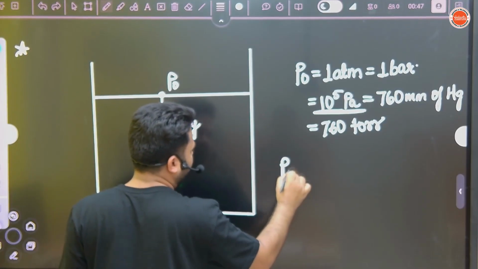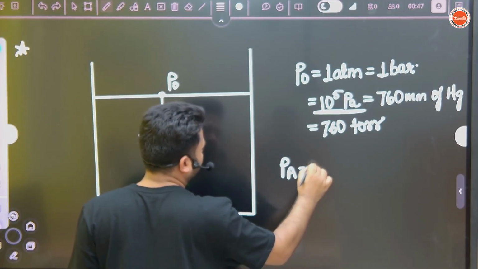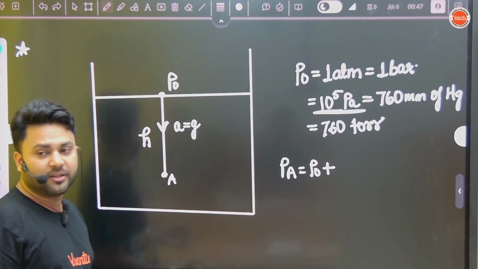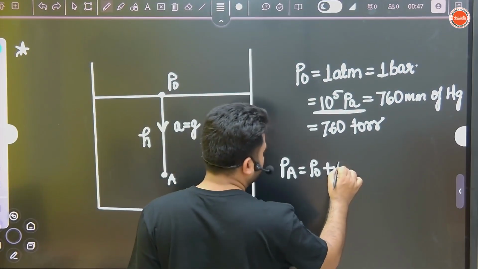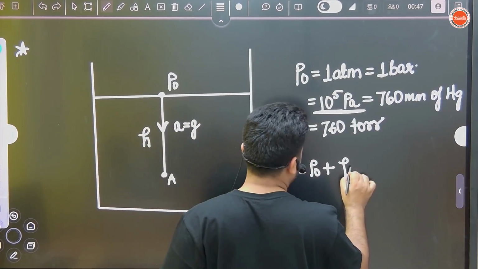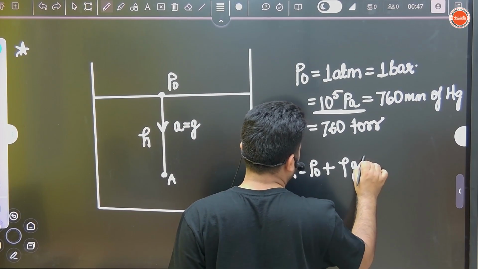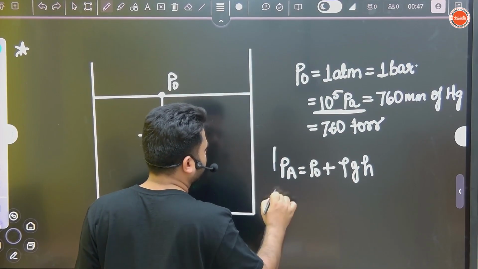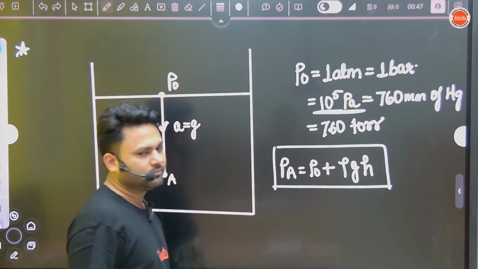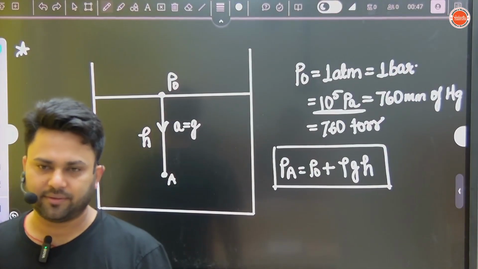So pressure at A will be pressure at the surface plus how much? What I told, density of liquid, net acceleration, that is g, into distance between them. So pressure at A will be P naught plus rho g h. Correct?